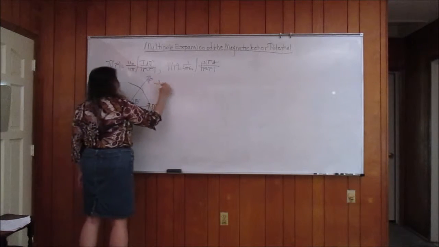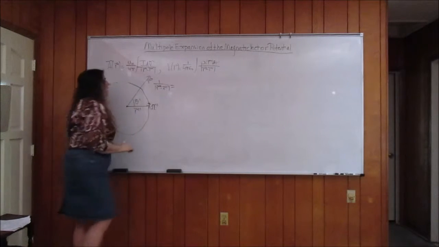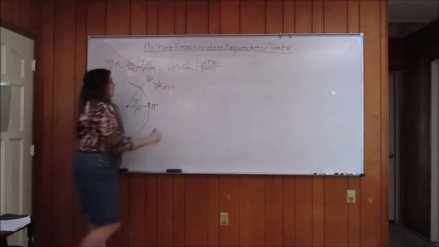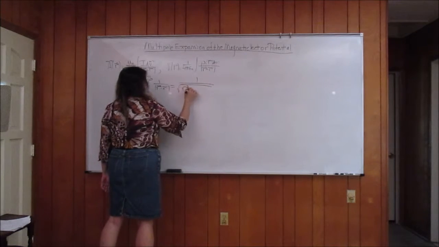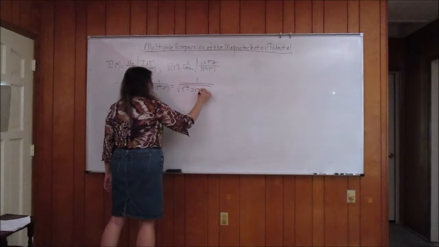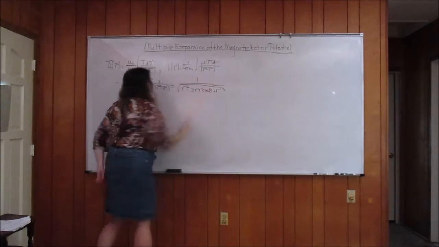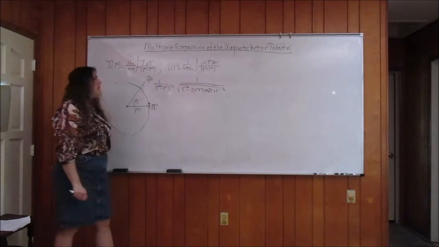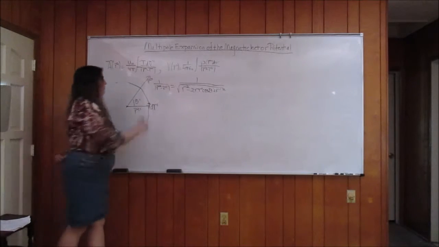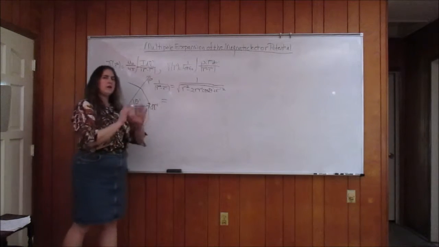I can write this magnitude as 1 over the square root of r squared minus 2r r prime cosine theta prime plus r prime squared. Now, since we've already covered the mathematics here, I'm not going to write out all the gory details.